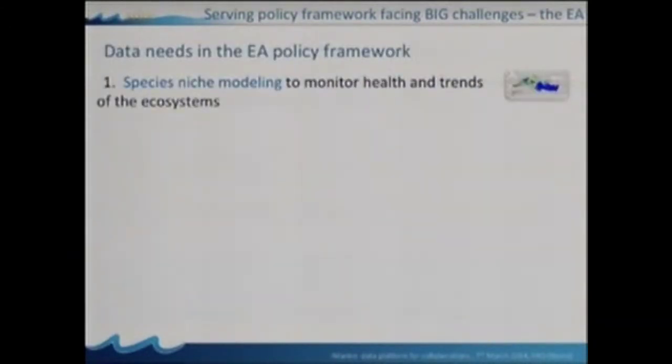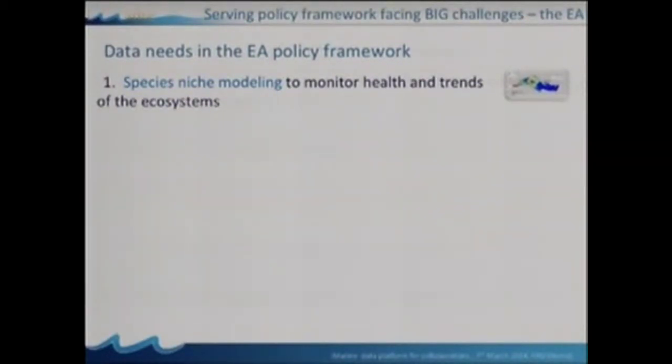So, and I have to say, I am the chair of the iMarine board as well. So for the last 3 years, we have been organizing these discussions, and I would like here to summarize in 1 slide what are the main data needs in the ecosystem approach policy framework, which iMarine, through its activities, has been striving to answer to.